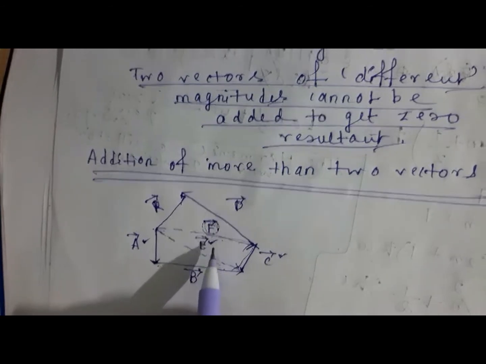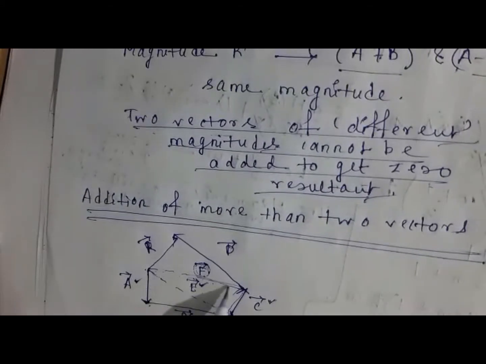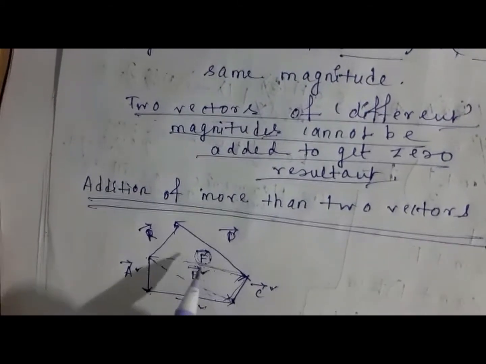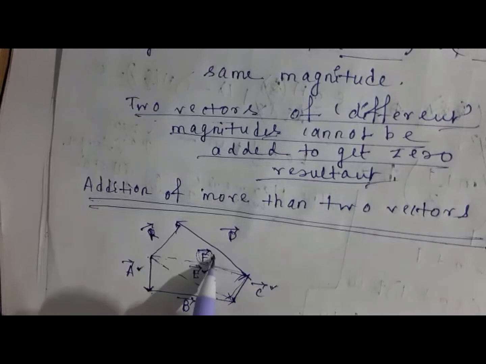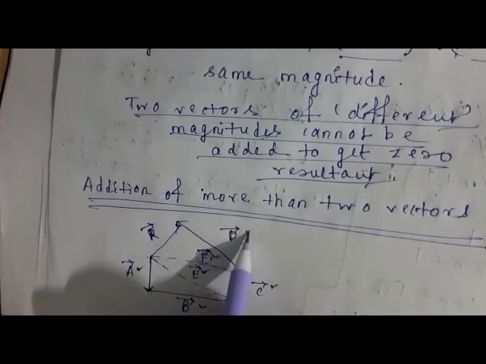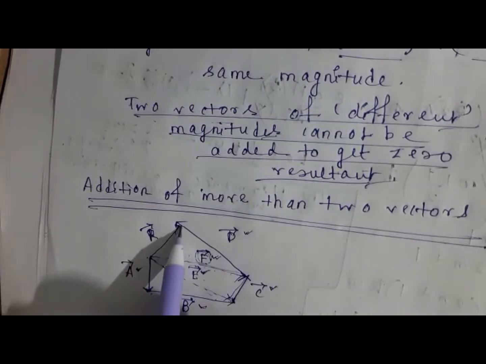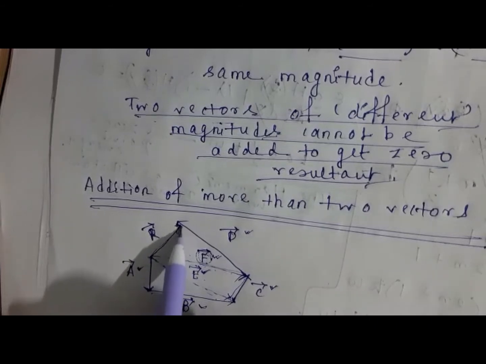After that you take the third triangle. Here your two vectors are going to be F vector and D vector, and your resultant vector is going to be R vector. So finally you get your R vector.